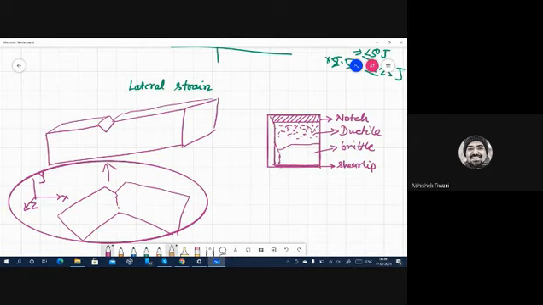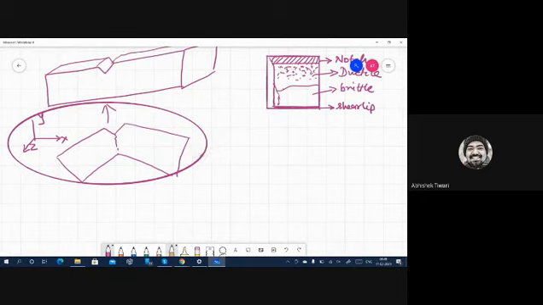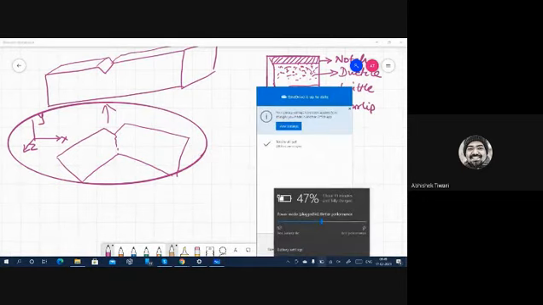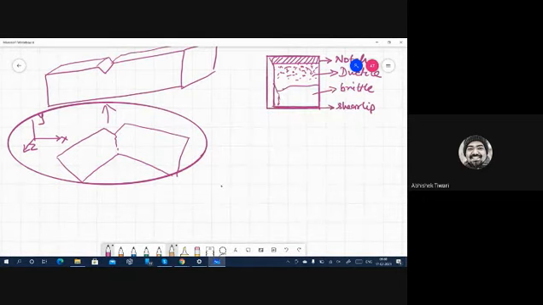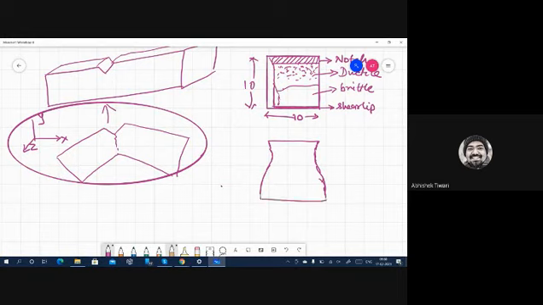So this is usually what will happen, but let's say if you have some amount of ductility, what will happen is that initially the cross section is 10 cross 10, right? So this is 10 and that is 10. But after deformation, the notch is like this, and then it will have this kind of feature.